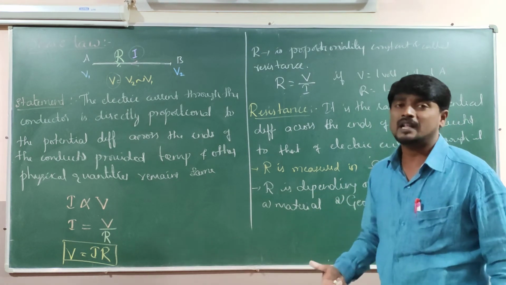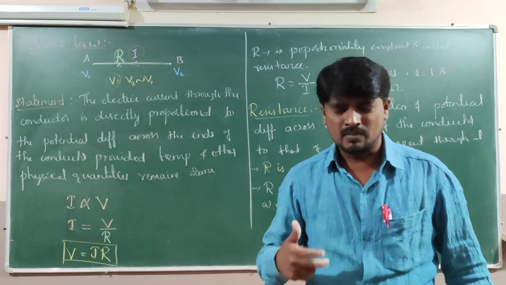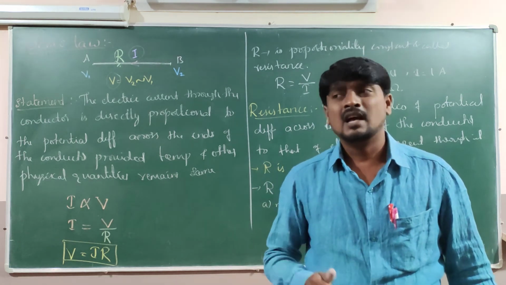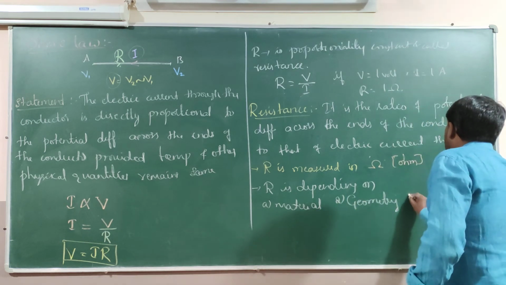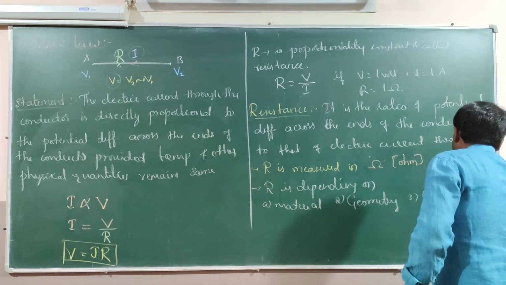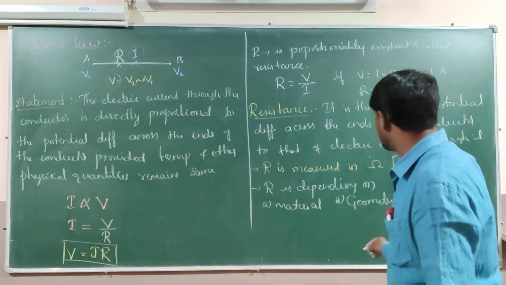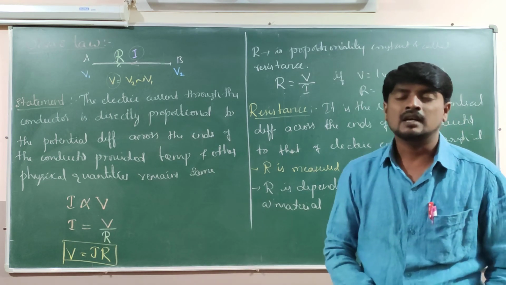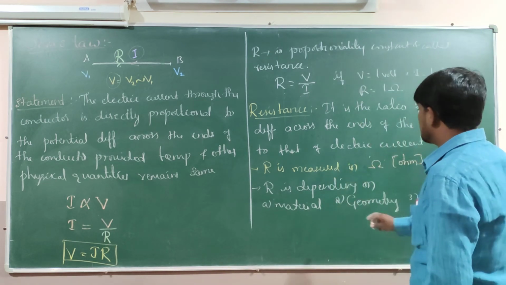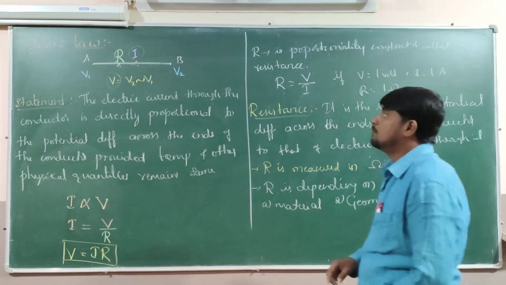Material means what material? It's copper, aluminium, gold, aurum, or else argentum, it's called silver. Based on which material it is made up of. Material, geometry, and the third one is temperature. So now it's depending on the temperature. We are going to talk about temperature dependence of the resistance later, the next topic. Don't need to worry about this. So R is depending on the material, geometry and the temperature.